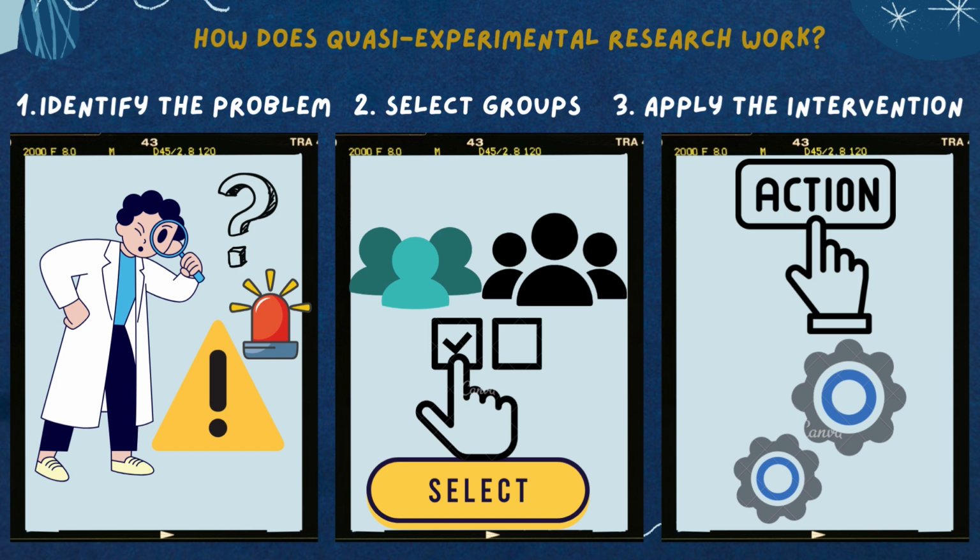We want to investigate whether the use of a specific mobile application for learning English vocabulary can improve students' performance in this area. So, our research question could be: does the use of a mobile application improve English vocabulary learning in high school students?